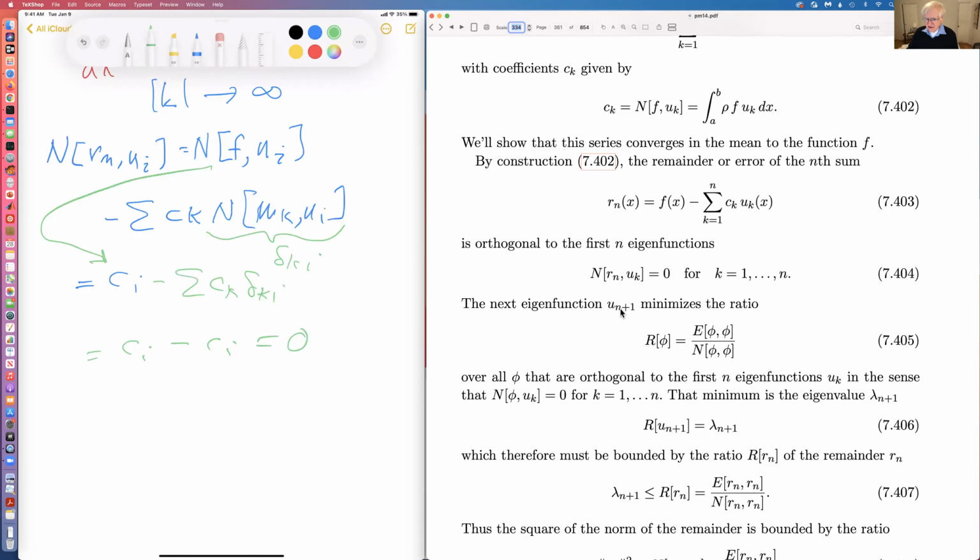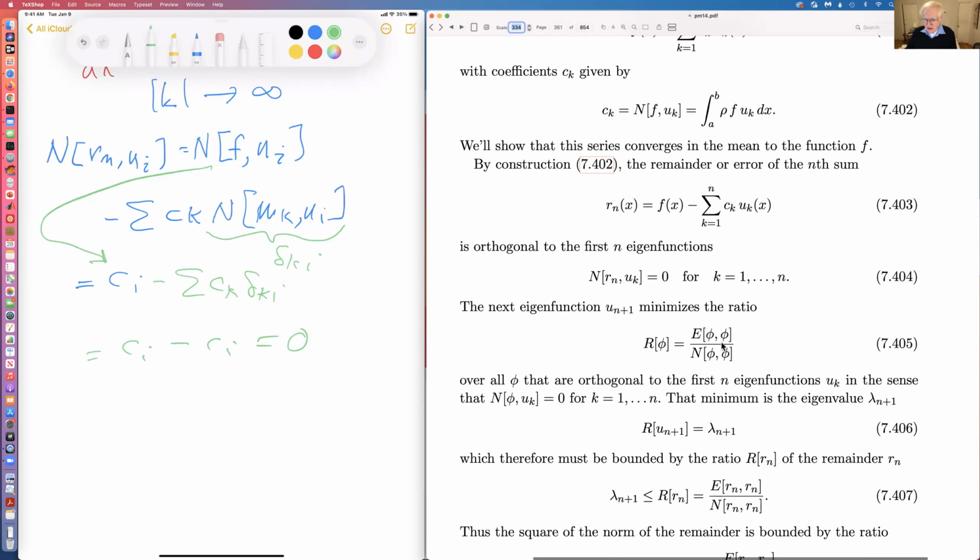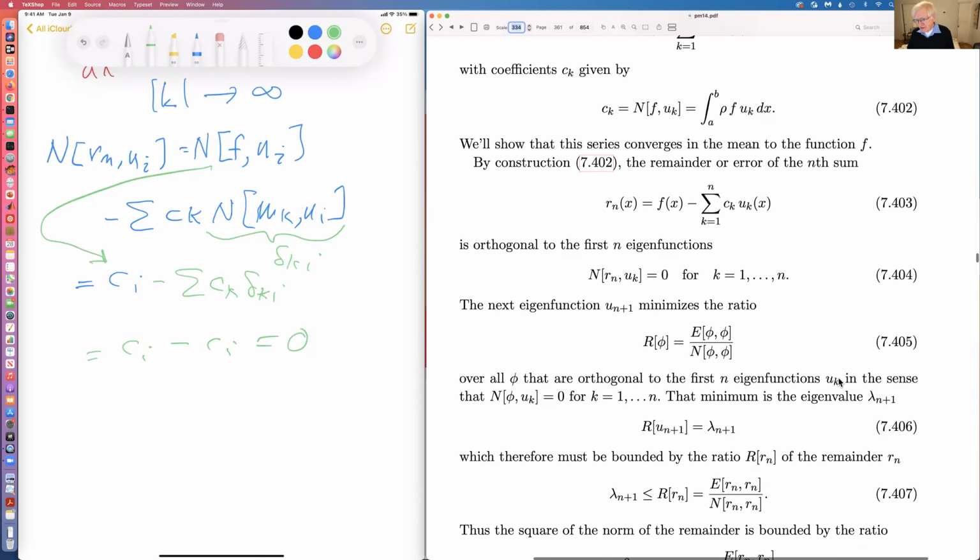And the next eigenfunction is the function that satisfies the boundary conditions and minimizes this ratio. It minimizes it in the space of all functions that are orthogonal to the first n eigenfunctions.